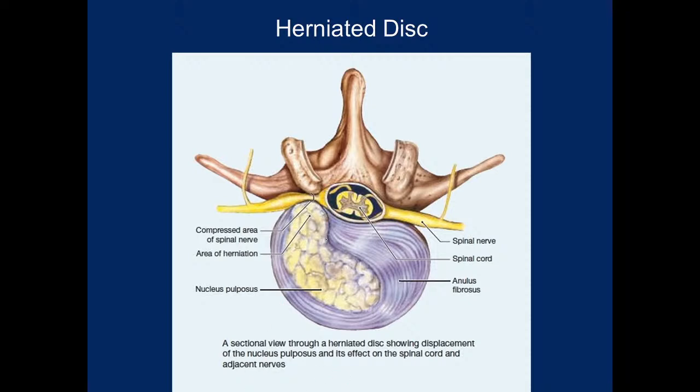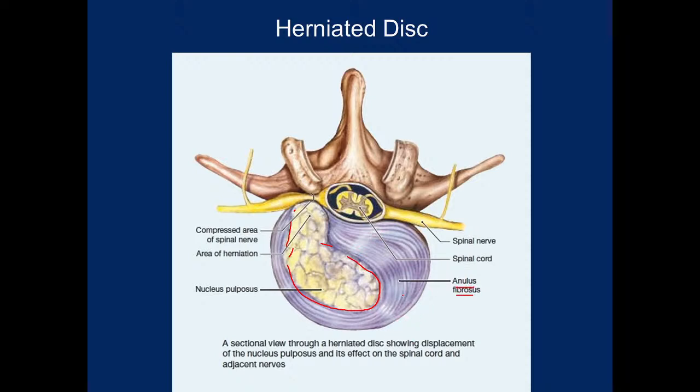Very interesting diseases come from the intervertebral disc, because inside the disc we find the fluid called nucleus pulposus. It comes out and tears the annulus fibrosus.